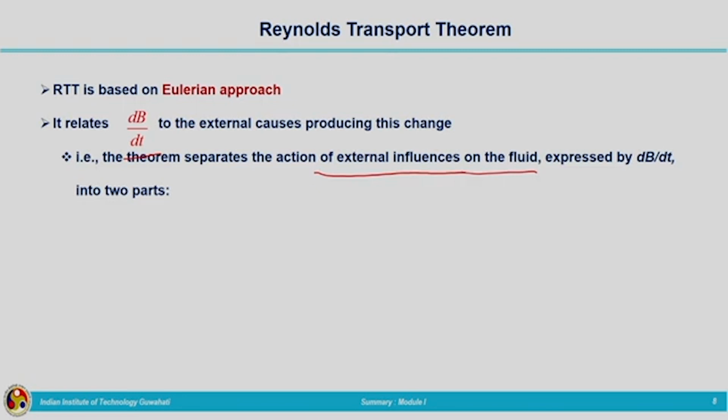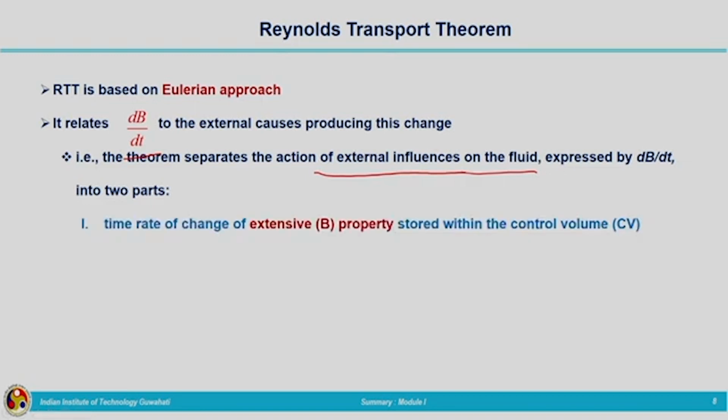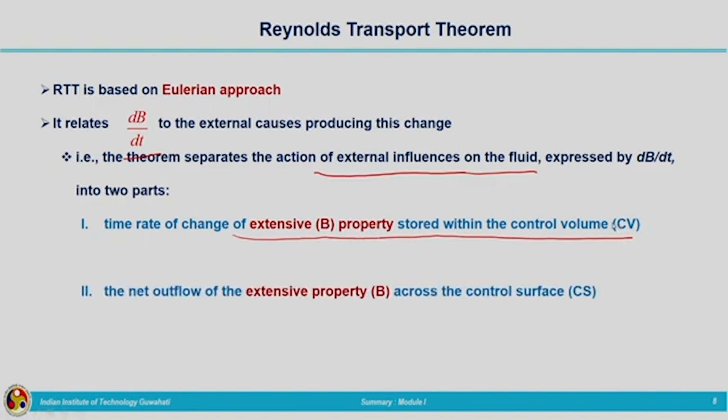We have dB by dt, the time rate of change of the extensive property, on the left hand side, and on the right hand side we have two parts. That is what is meant by the first statement: it relates dB by dt to the external causes producing this change, and it has two parts. The first part is the time rate of change of the extensive property stored within the control volume, and the second part is the net outflow of the extensive property across the control surface.